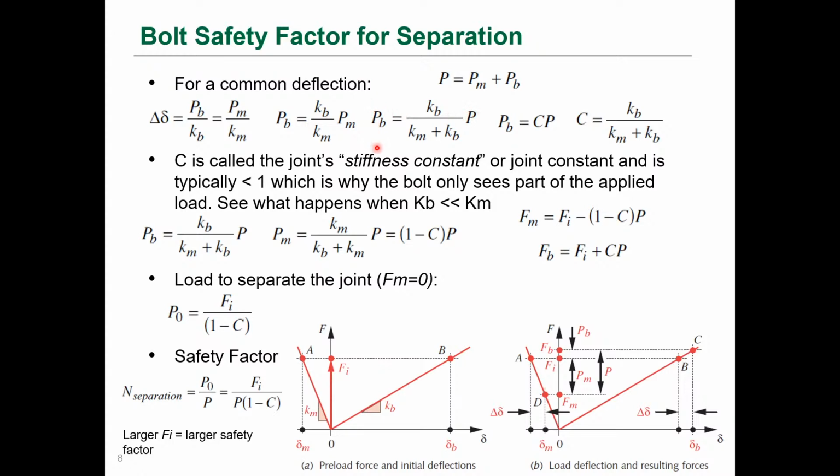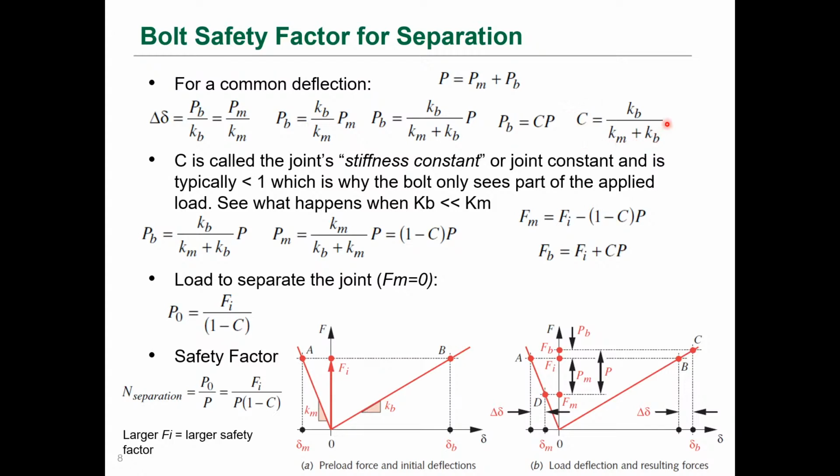This equation is very important, because you see that the load in the bolt is greatly affected by this material stiffness. The load in the bolt can be much less than the applied load. This term, when the materials are the same, we call the stiffness constant, and it's represented by C in the book. C is just the bolt stiffness over the sum of the material and bolt stiffnesses.